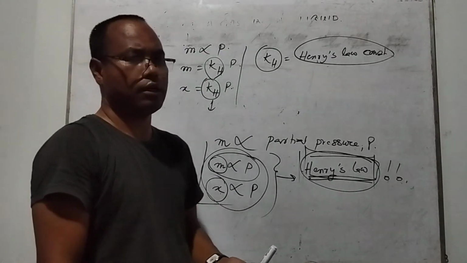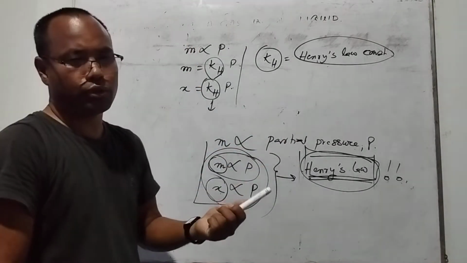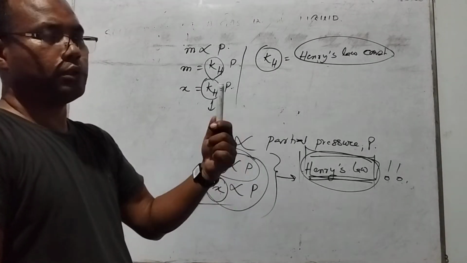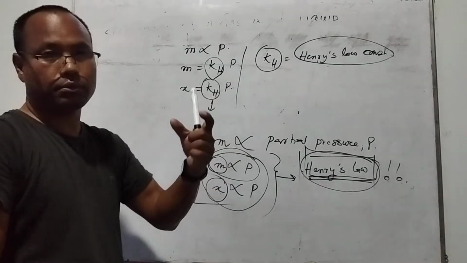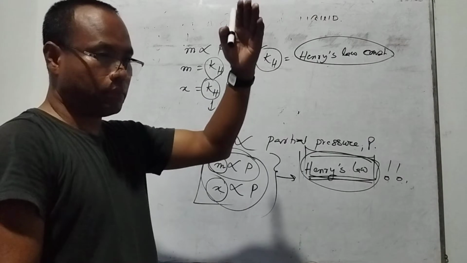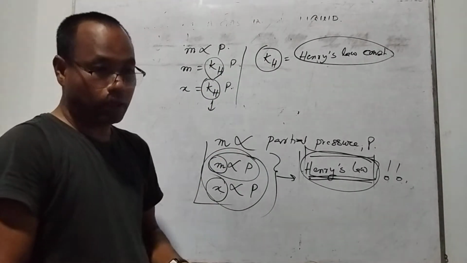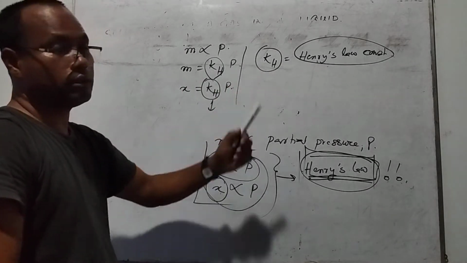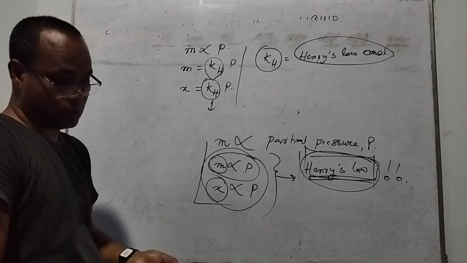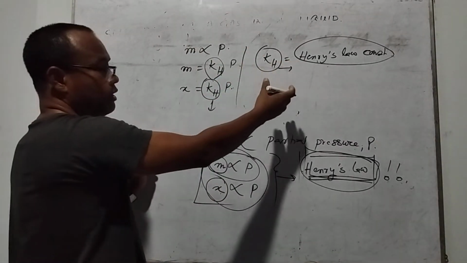Sometimes we use the unit of pressure in atmosphere, sometimes in bar, sometimes Newton per meter squared, and sometimes millimeters of mercury in our barometers, right? So the KH value depends on the partial pressure.